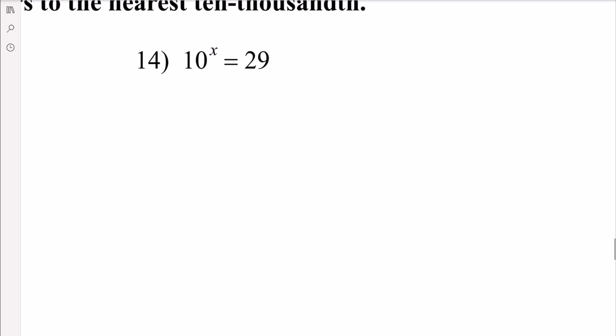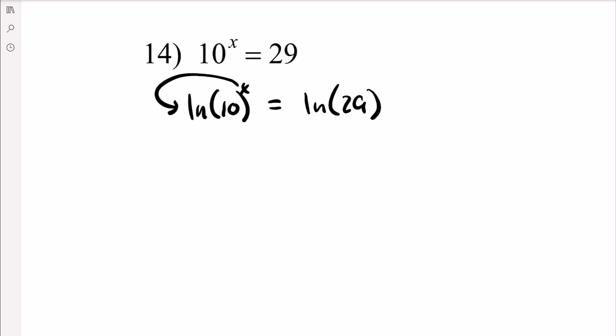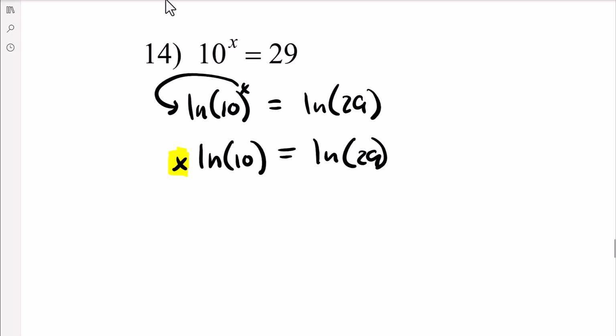Those two bases will not equal each other, so we're going to take the ln of each side. So this x is going to come down in front. X times the ln of 10 is equal to the ln of 29. We want to get the x by itself, so we'll divide both sides by ln 10.